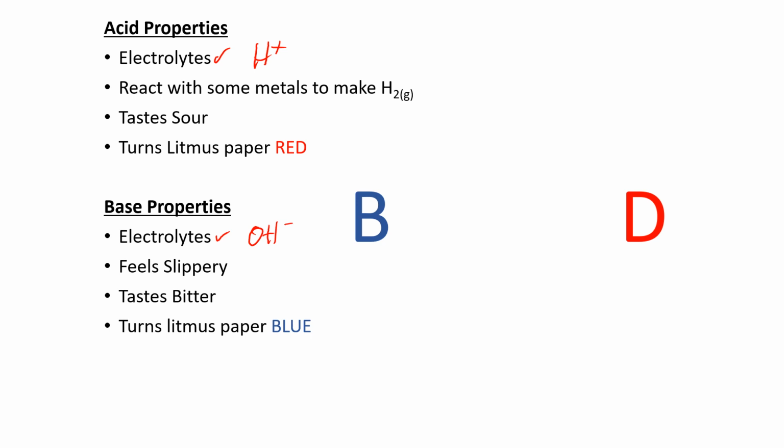So for example, if you threw HCl in water, it is producing H plus, and it's also producing Cl minus. Those are both ions, and so they'll both conduct electricity. And for bases, say if you threw NaOH in water, it'll produce OH minus, and it'll also produce some Na plus, and those will conduct electricity.